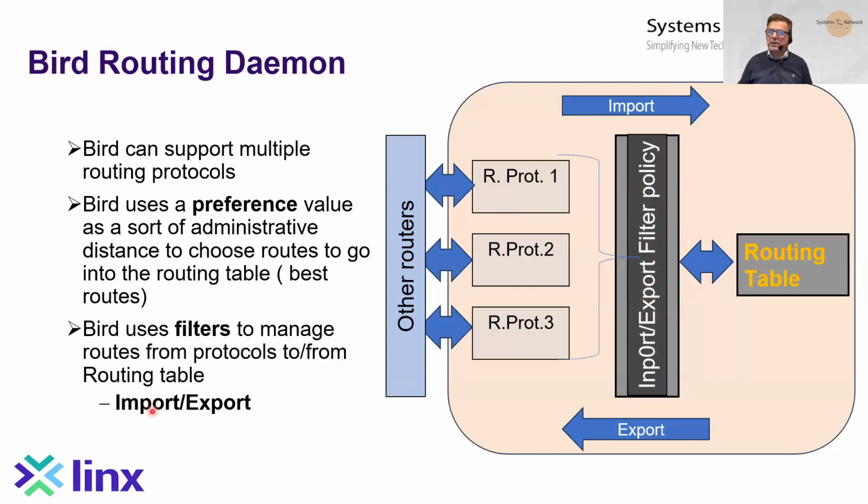So we have basically an import and an export filtering layer between the peers that we are, in our case, BGP peering with, and we'll run an instance of BGP, a session, with every peer that we are peering with in this routing daemon.